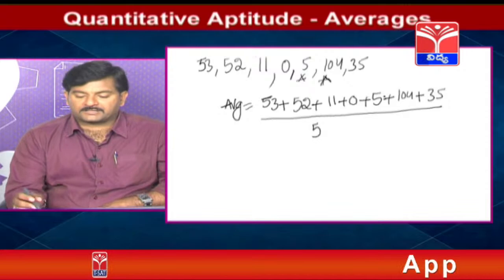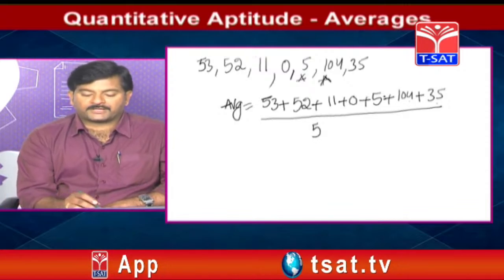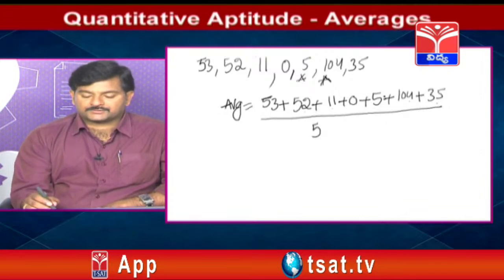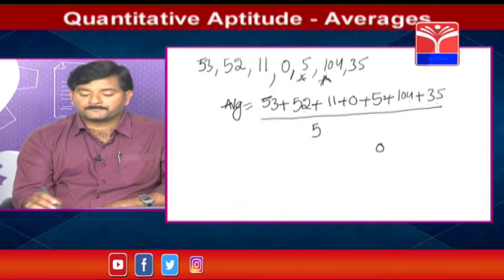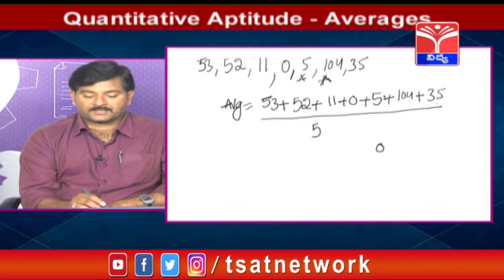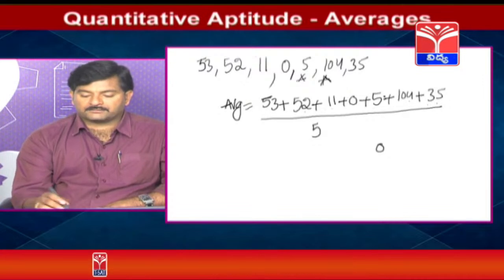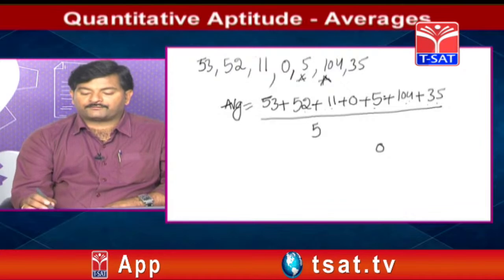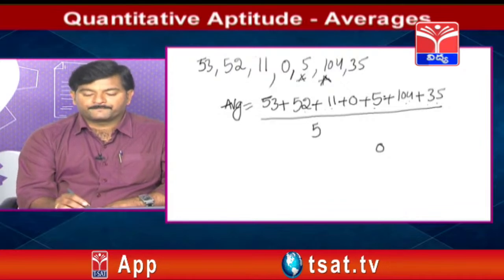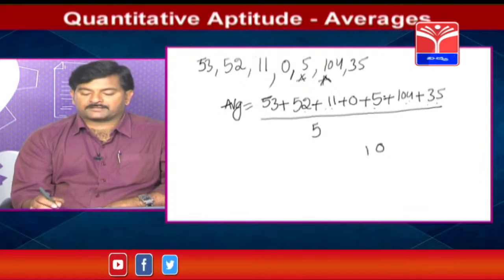Now we'll find the sum: 5, 9, 14, 15 and this is 20. So 2, 5, 6, 11, I repeat, 9, 14, 15, 20. 11 plus 10, 21.